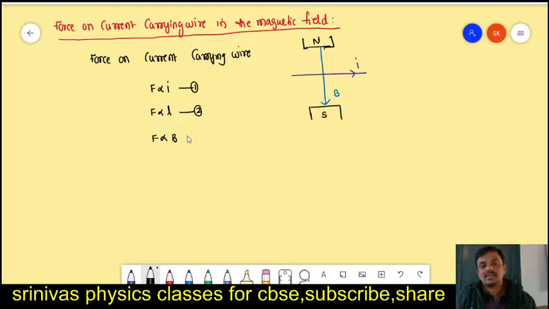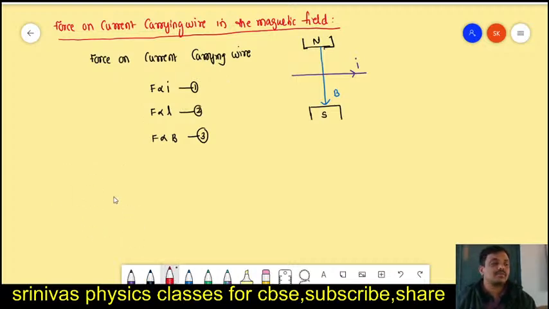These are the factors on which the force depends. If more current passes through the wire, then more force will act. If more length is there, more force acts. If more field is there, more force acts.